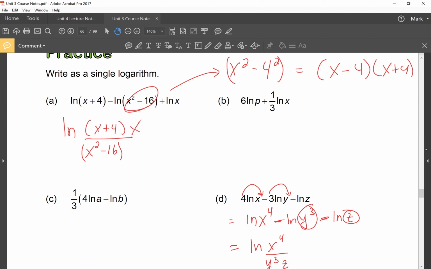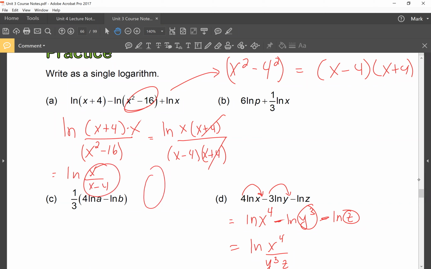I was going to try to erase something, but it wasn't working. So here we go. Now I'm going to factor. So ln, actually, typically you would write the x first. It really doesn't matter though, guys, but a math person would typically write the x first. It doesn't matter. x minus 4, x plus 4, cancel, and you're done.